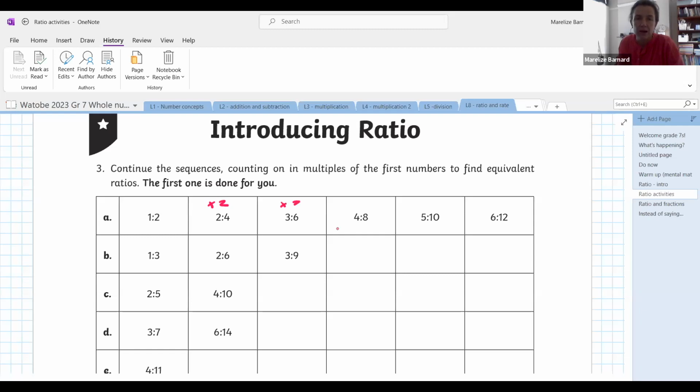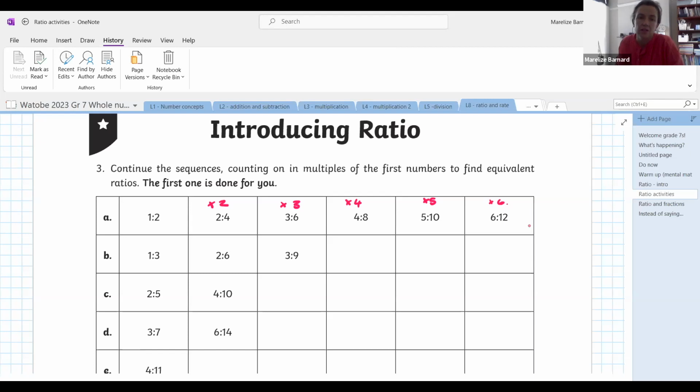If we multiply 1 to 2 by 3, we get 3 to 6. If we multiply by 4, we get 4 to 8. If we multiply by 5, we get 5 to 10. And if we multiply by 6, you get 6 to 12. Yes, you can think of the timesing by 2 and the timesing by 4 as doubling, definitely. So all of these numbers in the first example, those are all equivalent ratios.